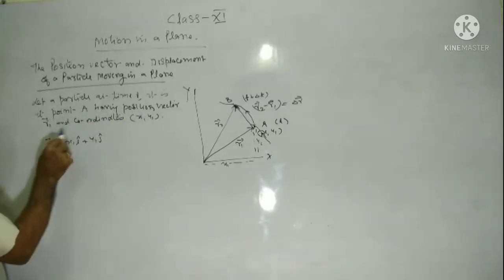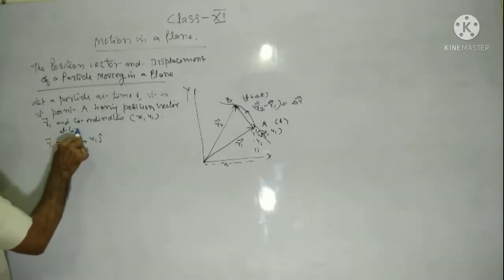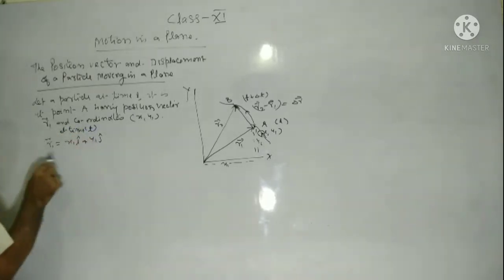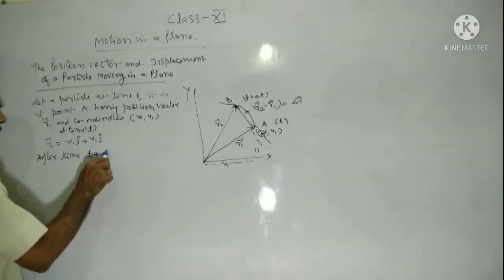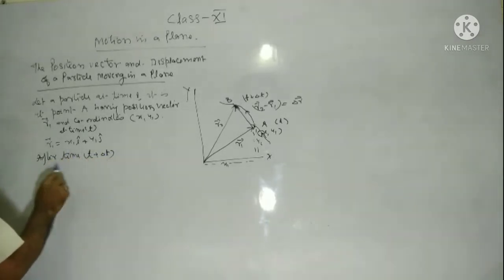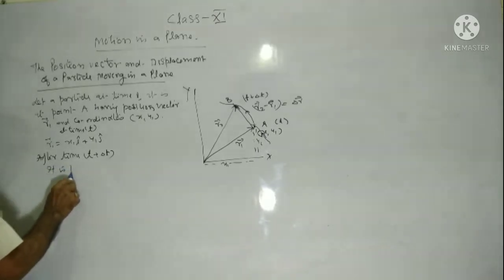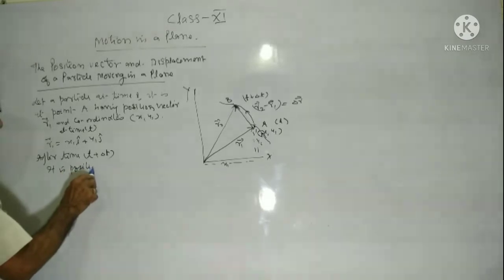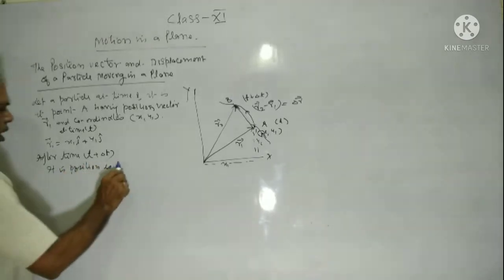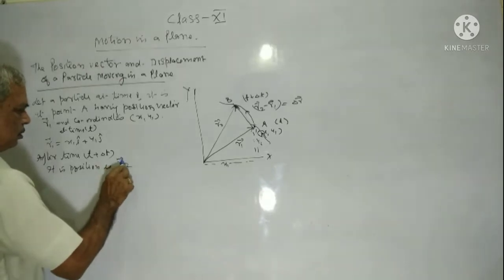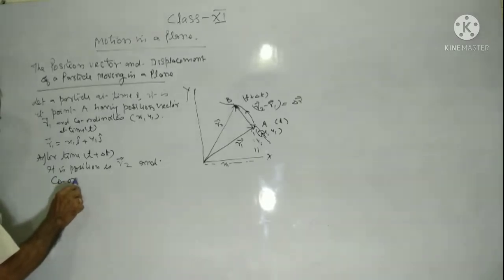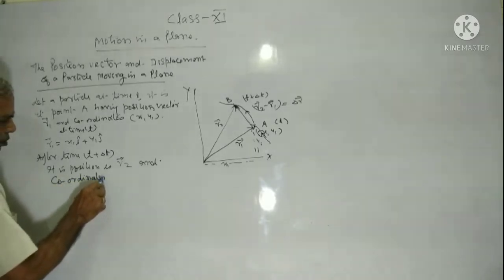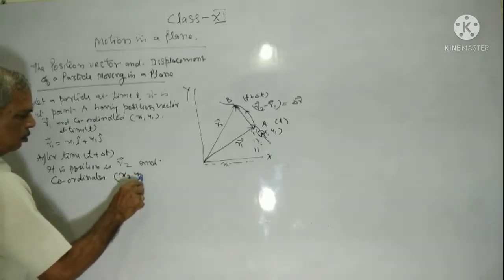This is at time t. And after time t plus delta t, its position is R2 and coordinates x2, y2.